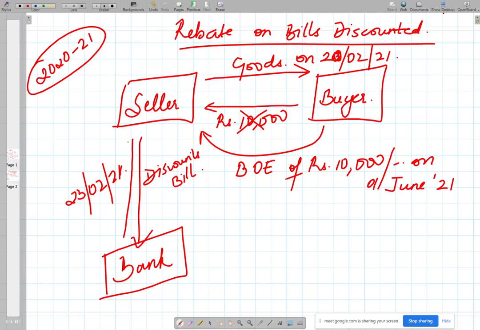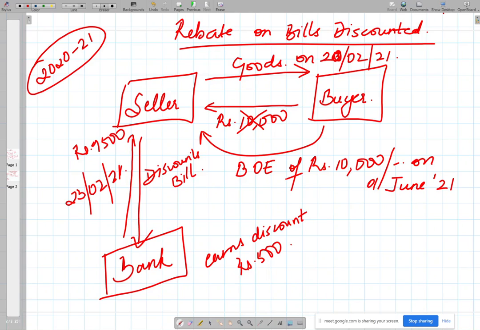The bank is going to pay him the amount of 10,000 after minusing a small fee. So the bank earns a discount, let's say rupees 500, and pays the seller rupees 9,500. The seller wanted 10,000, but after discounting the bank keeps 500 and the remaining 9,500 is given to the seller.